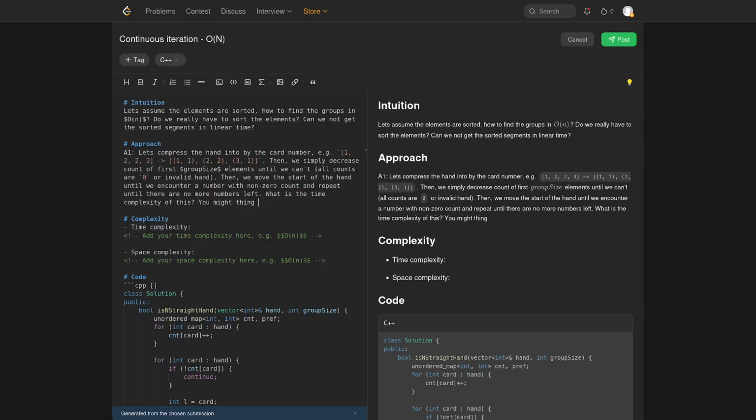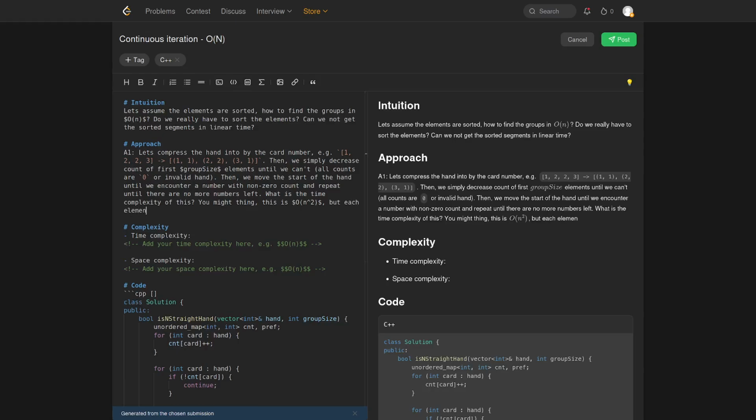You might think this is O(N squared), but so let's say we remove the first group size elements, right? We do that bunch of times and then we move on, right?